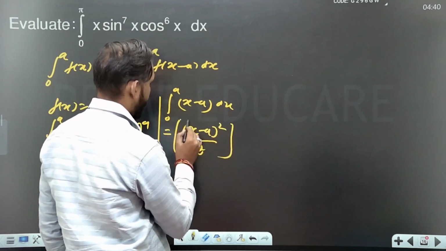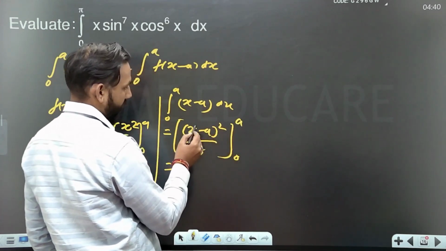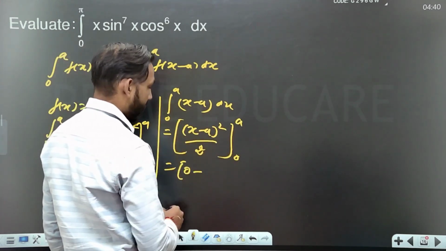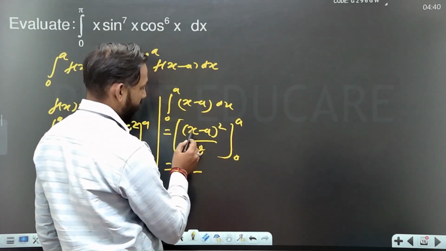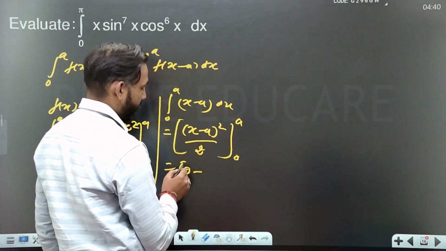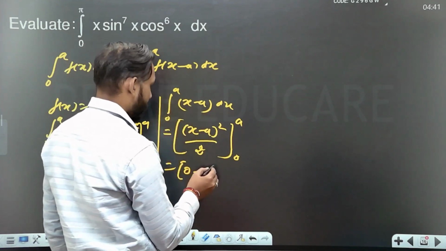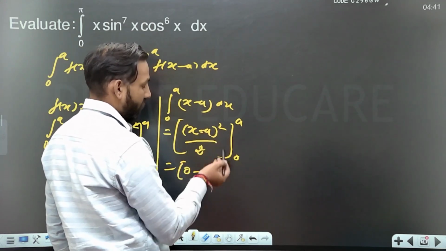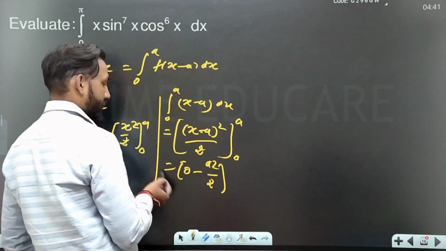If we put the upper limit a, it will be 0, minus the lower limit. What is the lower limit? If we put 0 here, it is not the same, because we get a square by 2 with a wrong sign. So it should be a minus x.